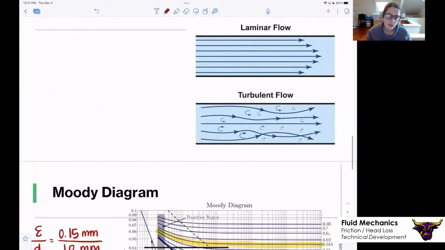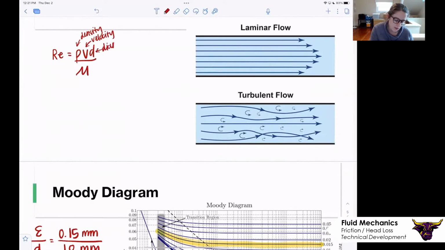So our Reynolds number, we usually do RE, is equal to rho V D over mu. And you should know these are density, velocity, and diameter. You may not have seen this before, mu, which is dynamic viscosity.